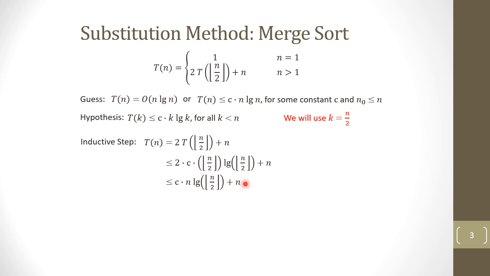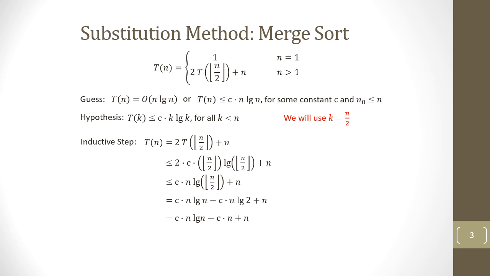We can further expand log(n/2), and we get c n log n minus c n log 2 plus n. Here lg is log base 2, so log base 2 of 2 is 1. Finally we get c n log n minus c n plus n.